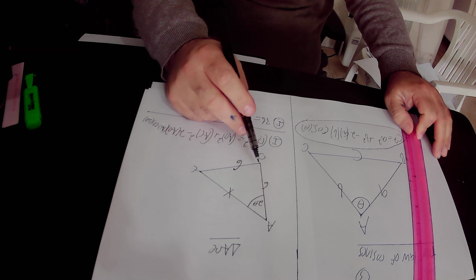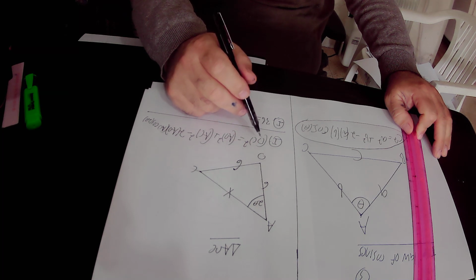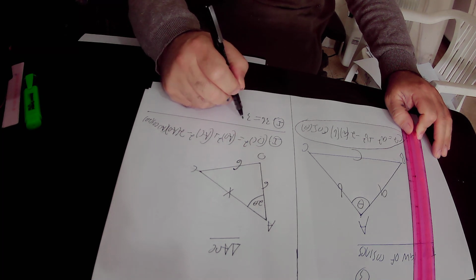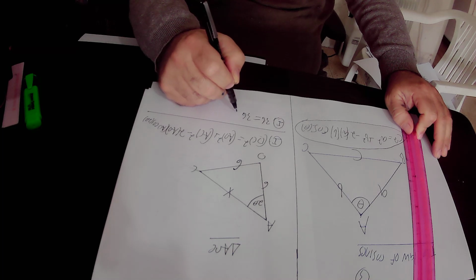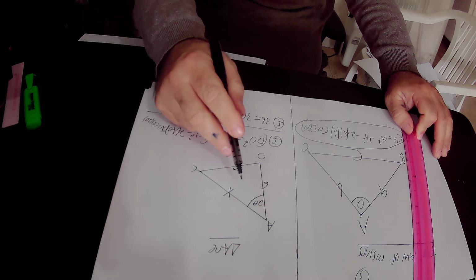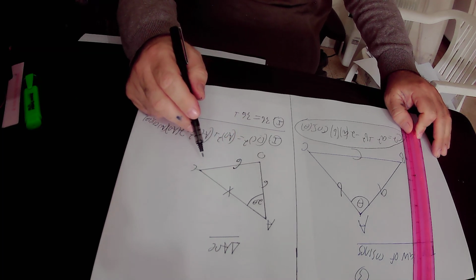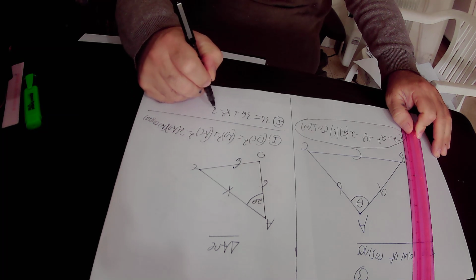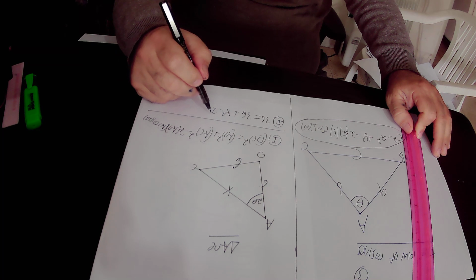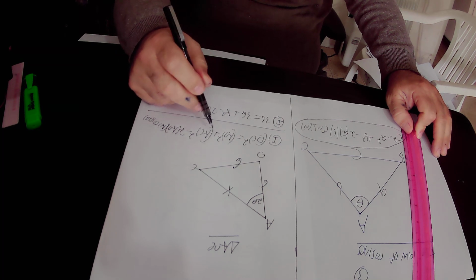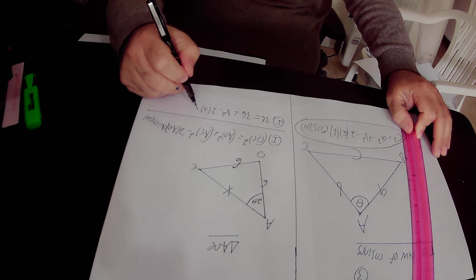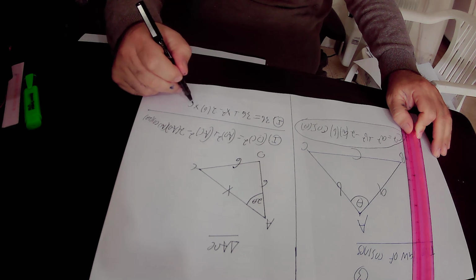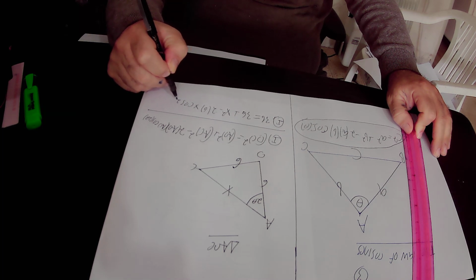AO equals 6 units, so AO squared is 6 squared, that is also 36. Plus AC squared. AC equals x, so AC squared is x squared. Minus 2 times AO, which is 6, times AC, which is x, times cosine 2 theta.